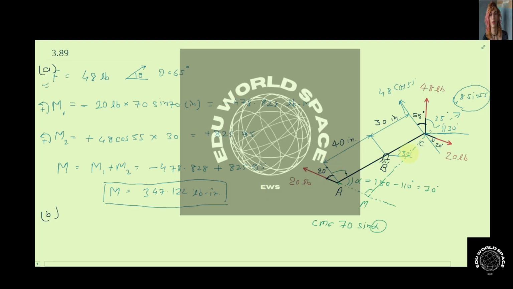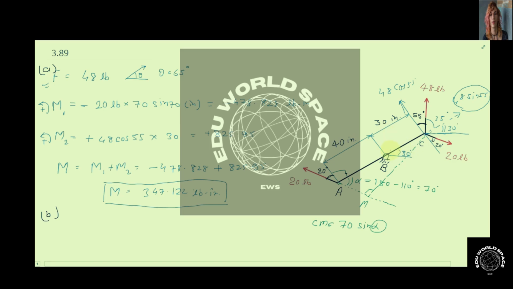To replace this system of forces by a single equivalent force, if we place our equivalent force on the side BC, it is going to cause an anti-clockwise couple. And if we put it on line AB, it will cause a clockwise couple. So we need to put this equivalent force on line BC.